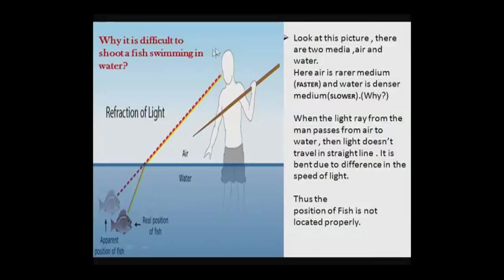When a ray of light passes from the man into air and then into water, at the interface the light ray bends as it travels from air to water because of the difference in the speed of light. So, because of this it is difficult to shoot a fish swimming in water.